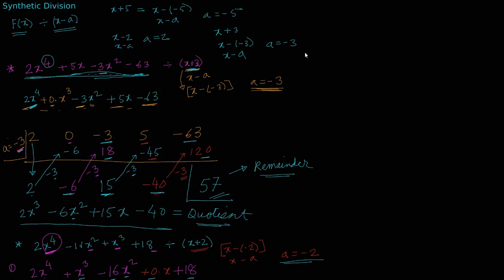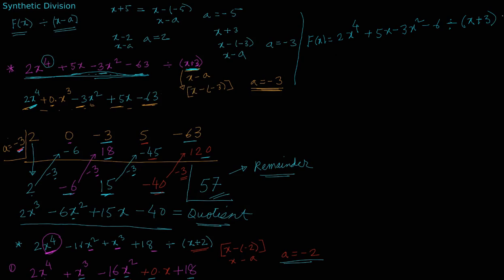So previously I had f(x) equals x^4 plus 5x minus 3x^2 minus 63, and I was dividing this polynomial by x plus 3, and we want to find the remainder for this particular problem.